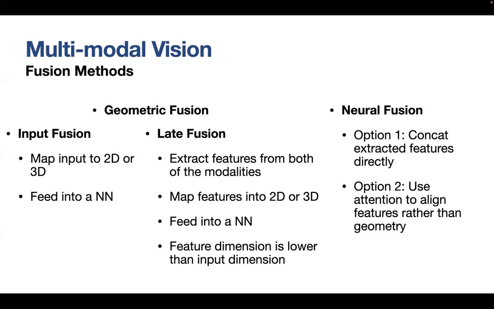In late fusion, however, we first extract features from both of the modalities, and then we map features into 2D or 3D and pass it to a neural network. The challenge here is that when we extract features, the feature dimensionality is usually lower than the input dimensionality.